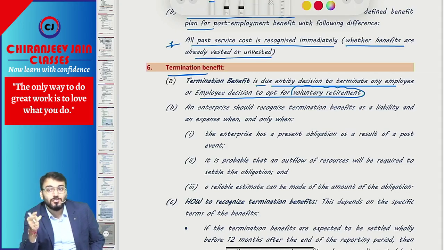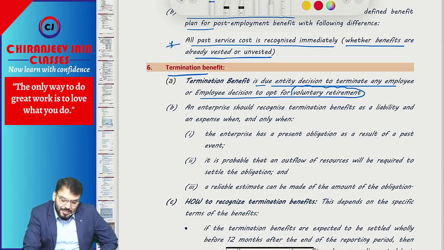But we can't force them to retire. No one has a right to force them to retire. So they will introduce one scheme of voluntary retirement. If you retire, then only a new person will come. So they will announce one scheme of voluntary retirement. In that scheme, they may opt for it and get retirement with some benefit payment. That is known as termination benefit.